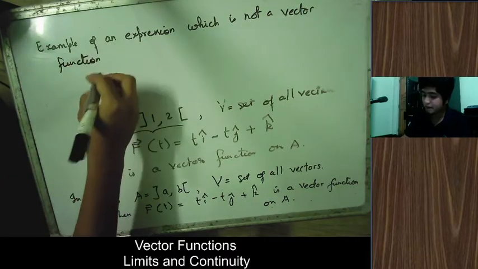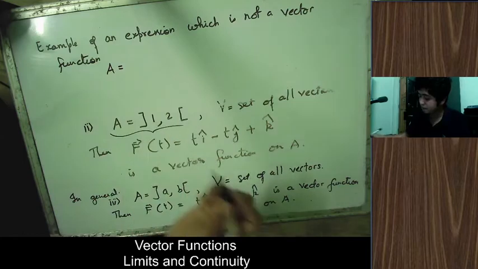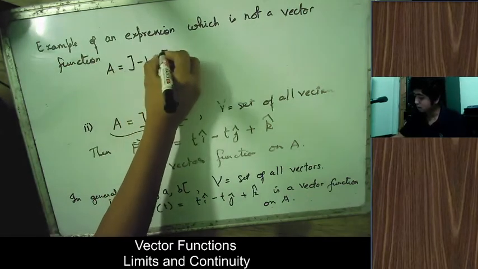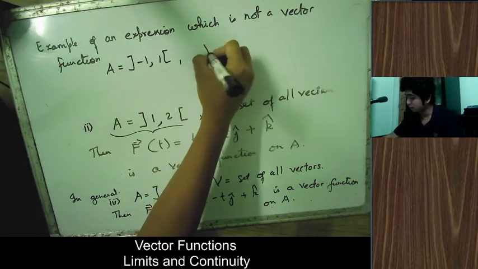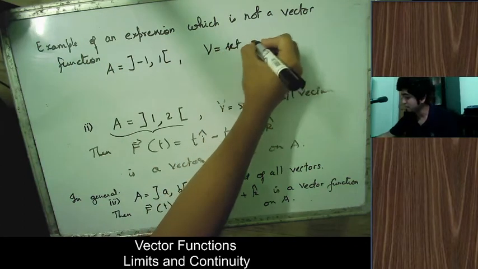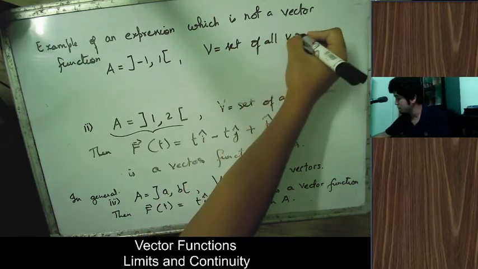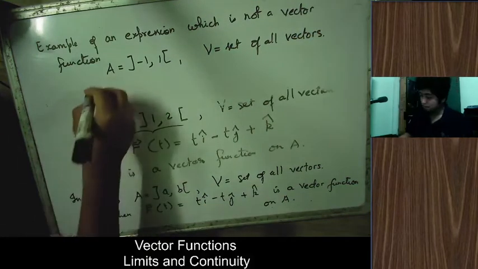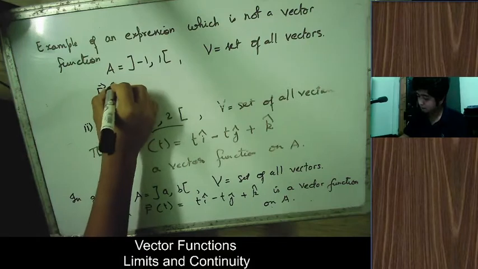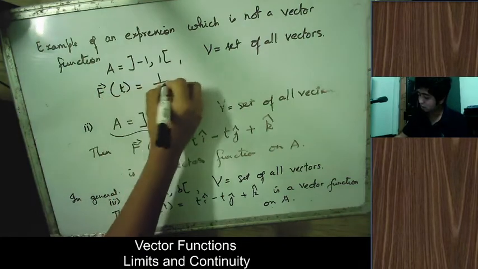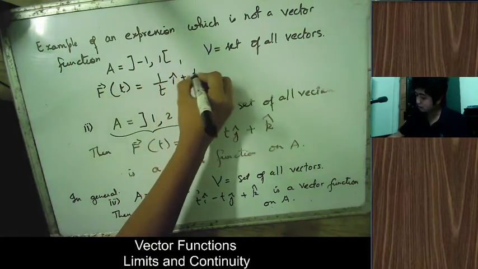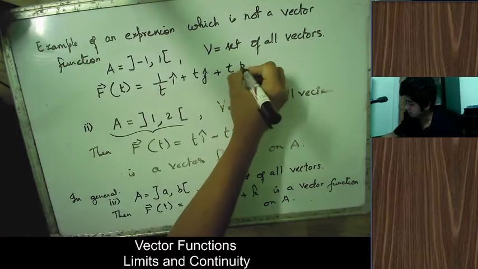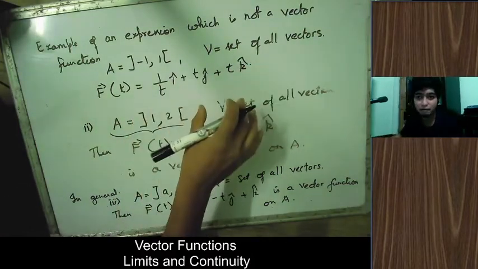So over here again, I will take the set A, maybe (-1, 1). I will take V again, the set of all vectors. Here, f(t) equals (1/t) i plus t j plus t k. This one is not a vector function.